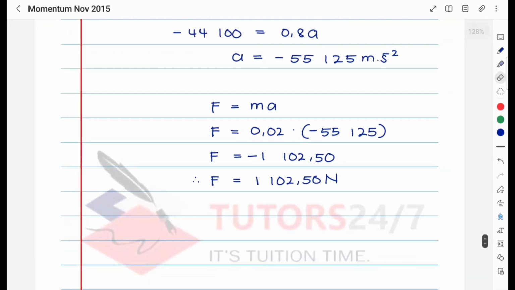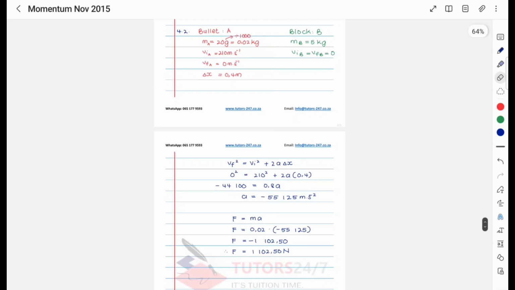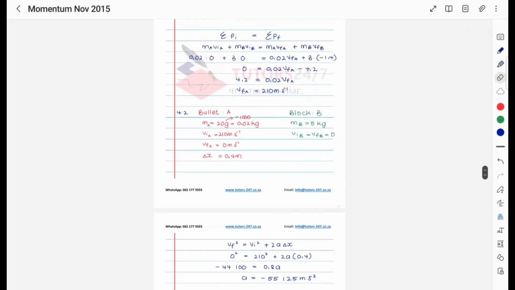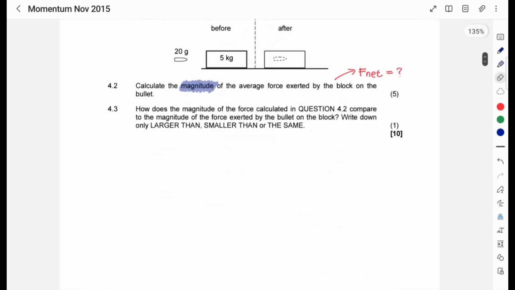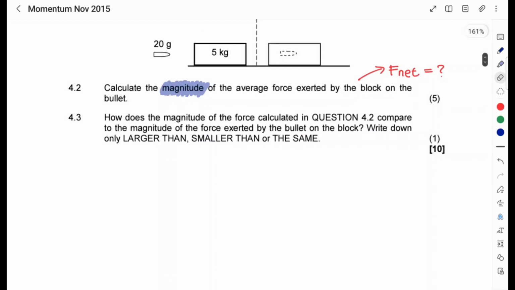Now, let us have a look at question 4.3. Question 4.3 states, how does the magnitude of the force calculated in 4.2 compare to the magnitude of the force exerted by the bullet on the block? Write down larger than, smaller than, or the same.